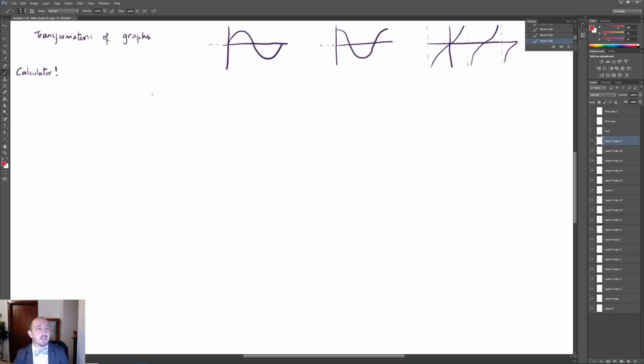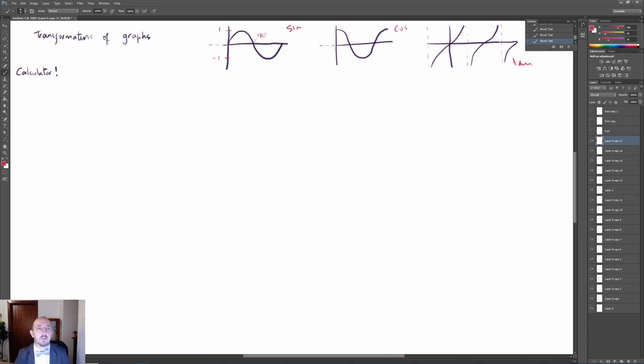Final thing I want to talk about is transformation of graphs, and we usually use the trig graphs here. So we've got sine here and cos here and tan. What I've sort of noticed using a calculator is you can use the table of values to double check your answers with this. Let's just take a little step back and double check where these graphs go through.